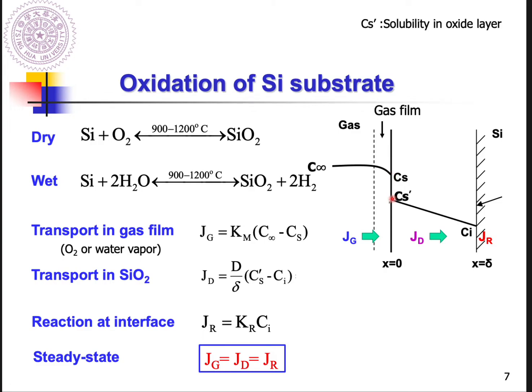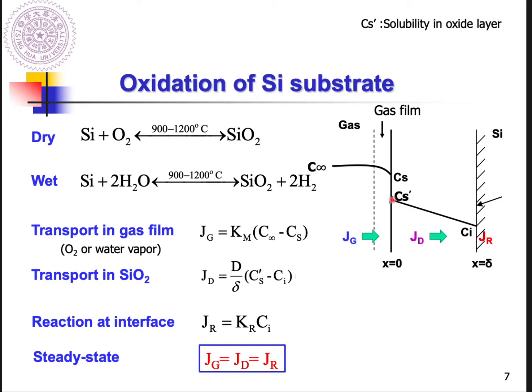But next, if you heat this up and the reaction starts, the oxide layer is going to get thicker and thicker. So you can observe the thickness of the oxide layer becomes delta. With increasing time, the silicon dioxide layer will get thicker and thicker to reach the thickness of delta.